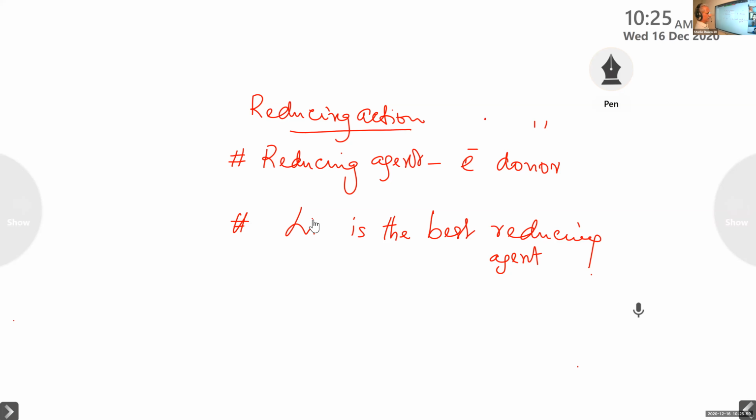Similarly, plaster of Paris, that is CaSO4 twice H2O, or CaSO4 half H2O, you are studying. Then green vitriol or blue vitriol, copper sulfate, CuSO4 5H2O. So the water molecules seen in crystals along with the crystals are known as water of crystallization.